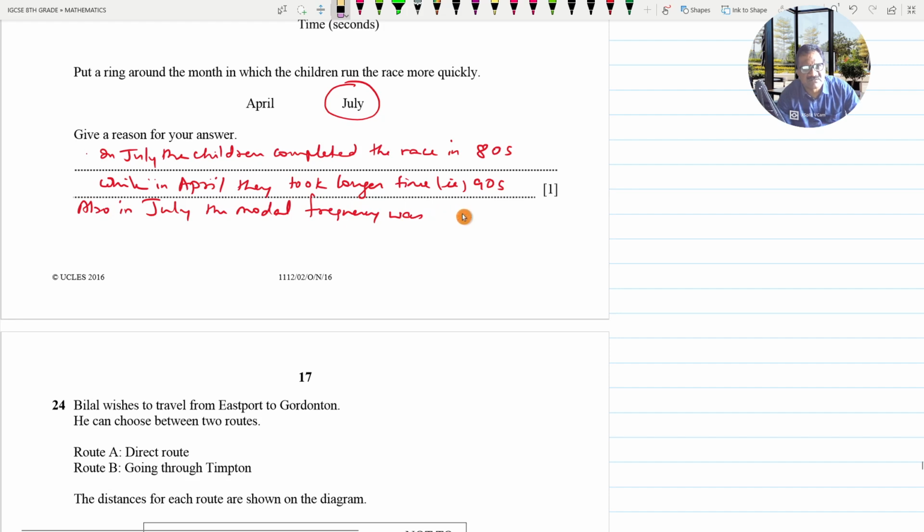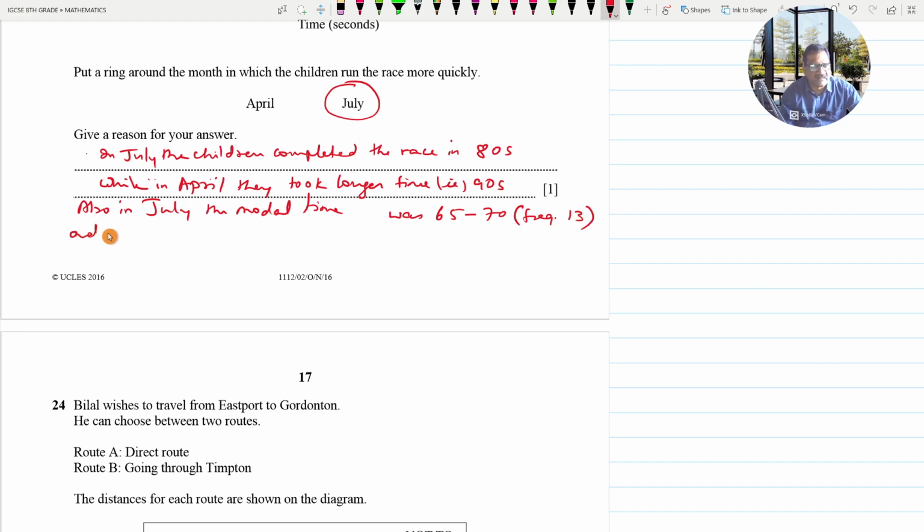It was 65 to 70. Okay, not modal frequency, you can write modal time. Okay, modal time was 65 to 70, with frequency was 13, isn't it?